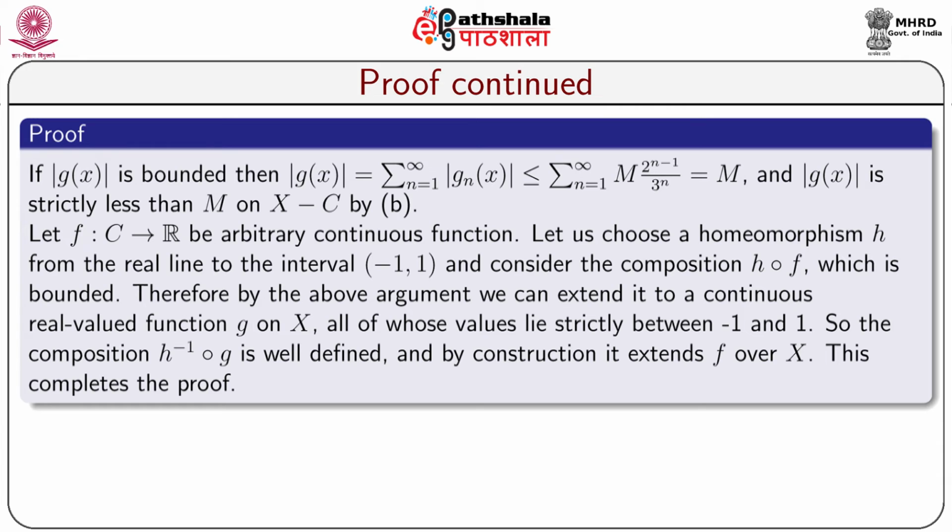Now, we can choose a homeomorphism H from the real line to the interval minus 1 to 1. Of course, that interval will be an open interval. Now, if we consider the composite mapping H composed with f, then H composed with f is a bounded continuous function from C to the open interval minus 1 to 1.